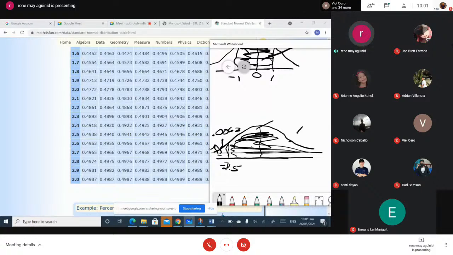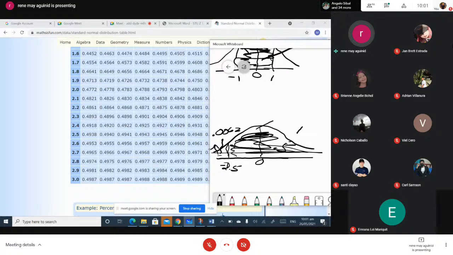What if kung gamiton natin nga table na using this table, at least na may mga choices or na may mga options nga himuon. Kung kani nga table imong himuon or gamiton, unsa may buhaton, you're going to add, no? Kay from 0 man na siya. So kani siya sure na ta nga 0.5 plus ang value from 0 to negative 2.5.